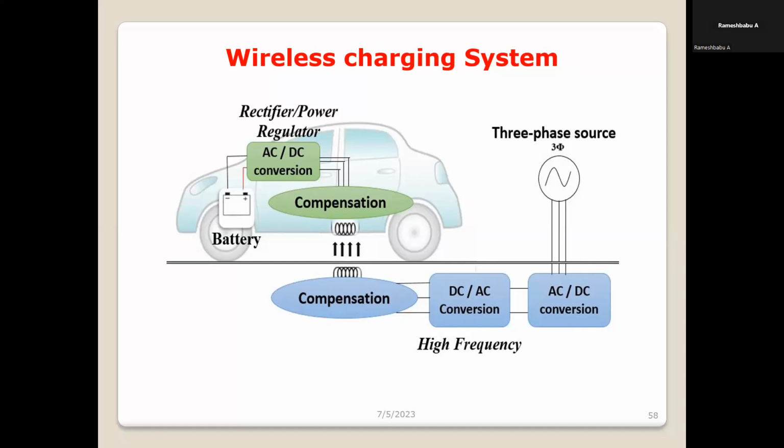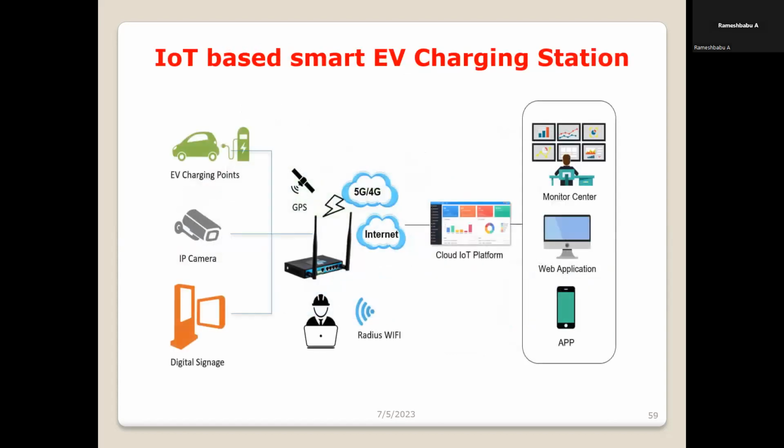Mainly the resonance frequency between transmitter and receiver is maintained, so compensation networks are added on both sides. The AC power at the receiver is converted into DC for charging the battery, through the battery management system. Okay, so this is the basic principle of the wireless charging system.